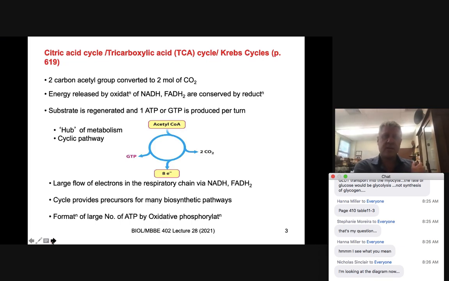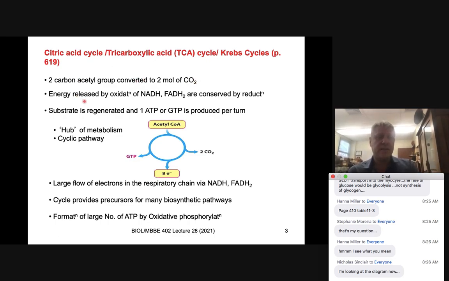So the citric acid cycle, Acker-Krebs cycle, or tricarboxylic acid cycle, is basically allowing an entry of a 2-carbon constituent in the form of acetyl-CoA, and it's going to convert that to carbon dioxide. So if you have 2-carbon acetyl-CoA converted to 2 moles of carbon dioxide, so it's a 2-to-2 ratio, okay, or 1-to-1 ratio.